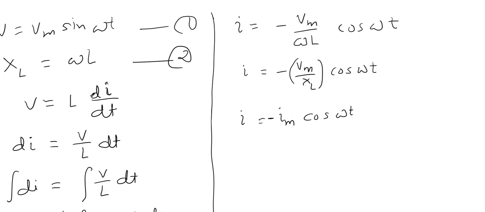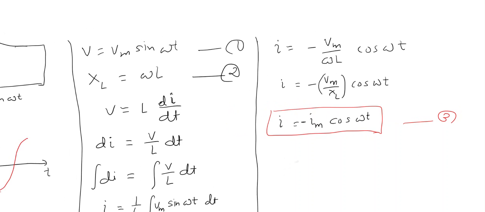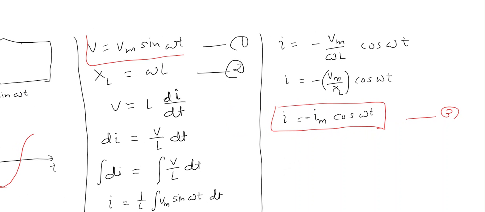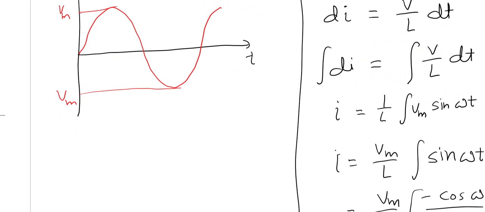So this is the equation of current for an AC circuit with inductor only. This is the equation of voltage. Let me write it separately here. So V is equal to Vm sin omega t, and I is Im cos omega t with negative sign.